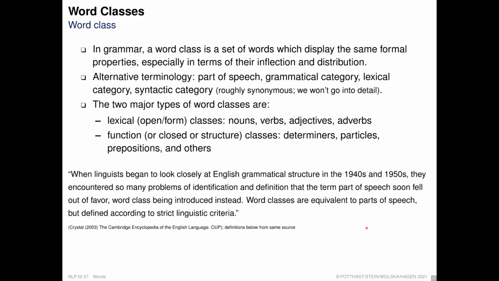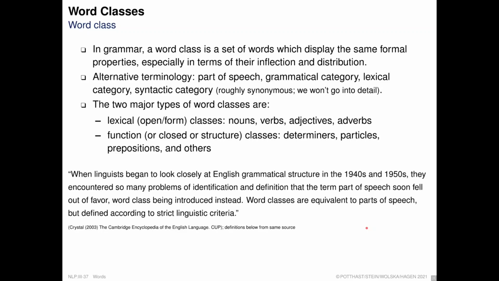They don't mean exactly the same, word class and part of speech, but we can safely skip the fine distinctions. They are sometimes called grammatical categories, lexical categories, syntactic categories. We don't have to go into details between those, but in linguistics there is a distinction between what you mean by part of speech and word class.